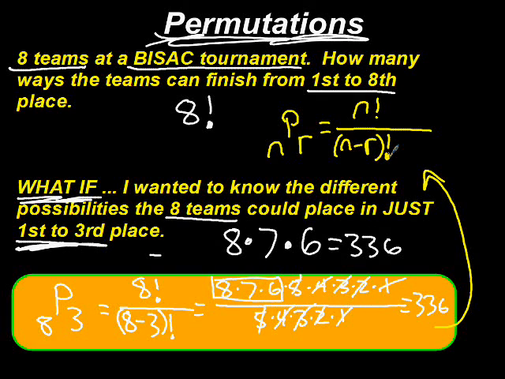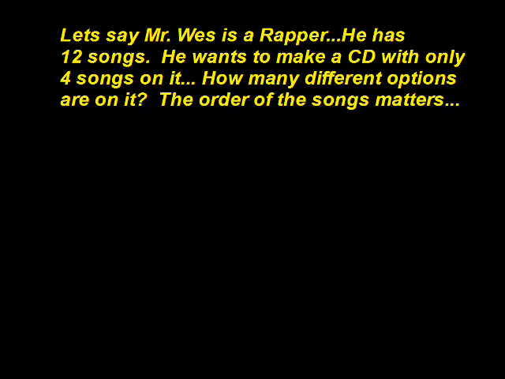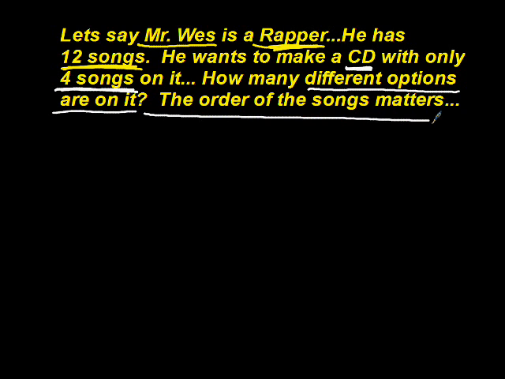Okay, let's have another situation. Let's say that Mr. West is a rapper. Well, he's already a rapper, but if he was really a rapper, he would have made songs by now, and he would make 12 songs. And let's say that he wanted to make a CD, and he only wanted to have 4 songs on his CD. He's not sure which ones to pick. How many different options could be on the CD? The order of the songs matters. So what is the first song, the second song, the third song, the fourth song? He cares about those things. All right, can you guess what it is?